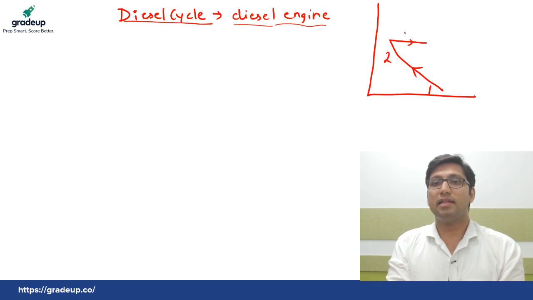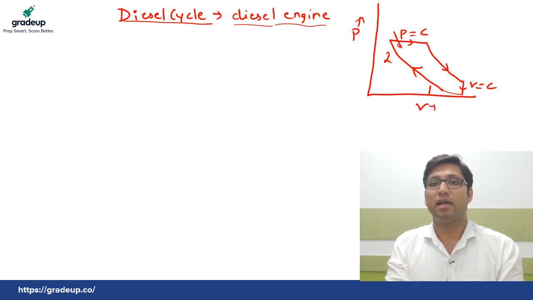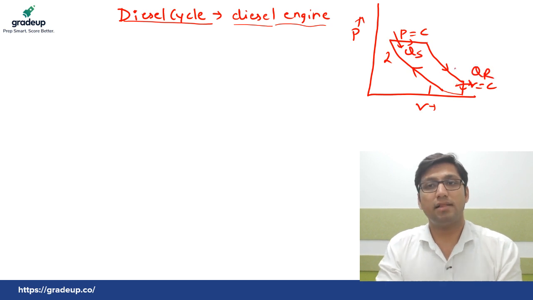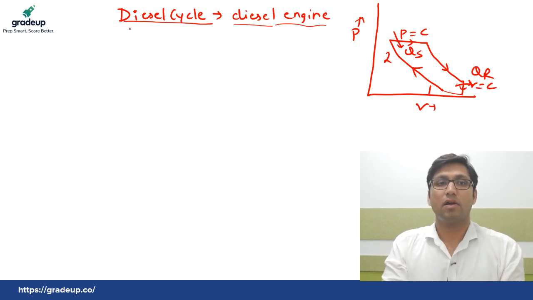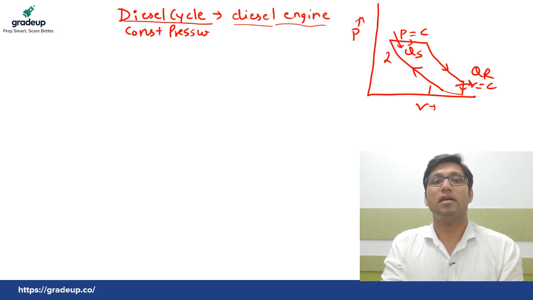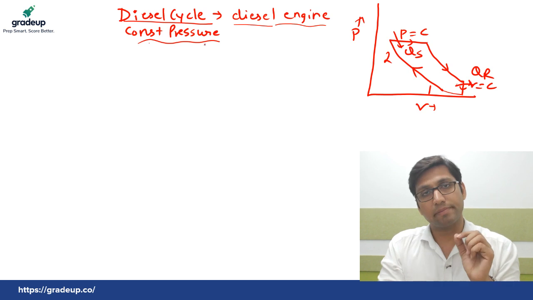Heat addition in the diesel cycle takes place at constant pressure. Then expansion is again isentropic and heat rejection is again at constant volume. This is the difference between Otto and diesel cycle: the diesel cycle is a constant pressure cycle because heat addition is at constant pressure.